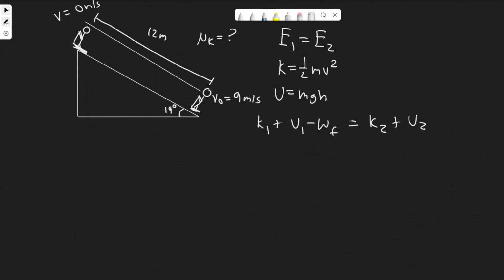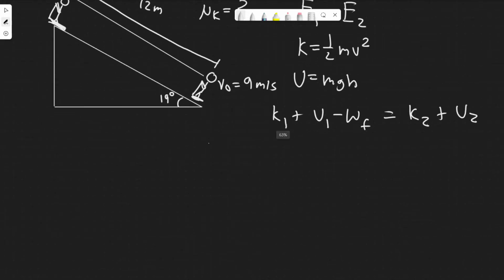I think it's first easier just to draw the free body diagram of the forces acting on our person here. We know that we have the normal force going up. We know we're going to have the force of friction acting opposite the direction of travel. And then we have the force of gravity acting straight down, which is mg.